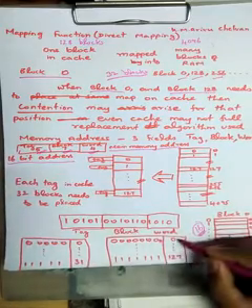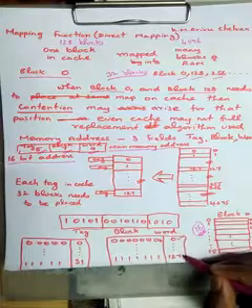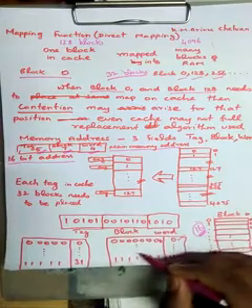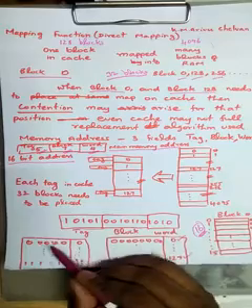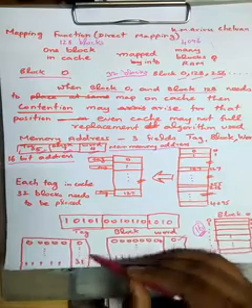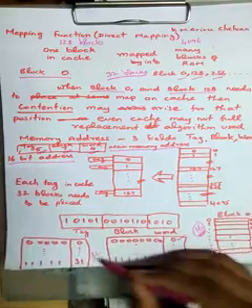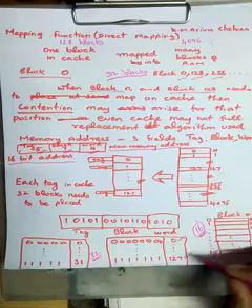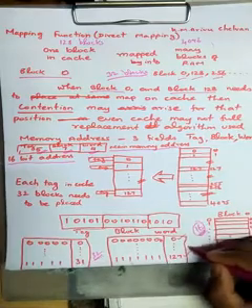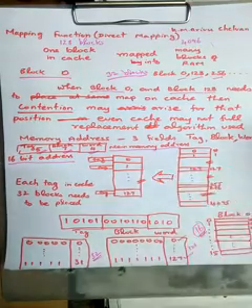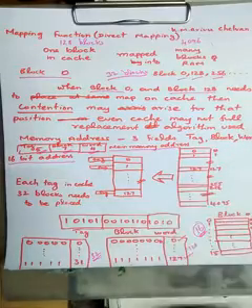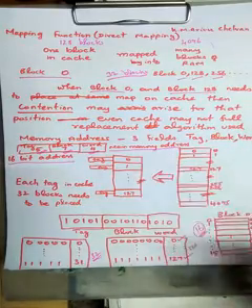That means from 0 to 127, totally 128. Similarly for tag, 5 bits, from 00000 to 11111, so the total number of cases is 32 here, 128 here, and 16 here. This is how the entire memory address is split, and it will be accessed in the same way.